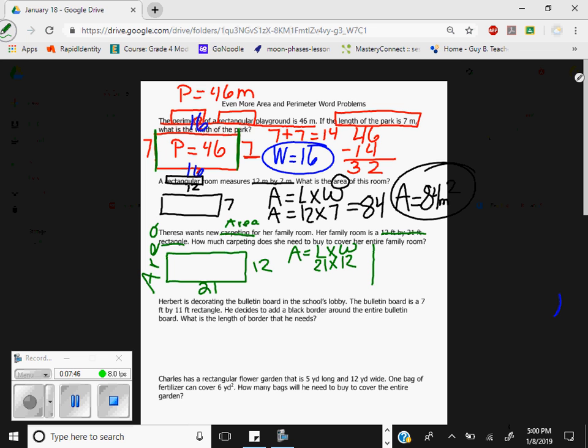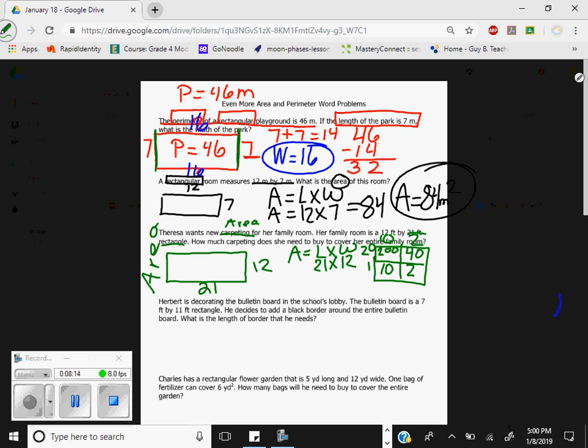Now your substitute teacher won't know how to do the box method, but you do. So please make sure when you're doing it that you are setting it up correctly. 20 times 10 is 200. 20 times 2 is 40. 10 times 1 is 10. 1 times 2 is 2.